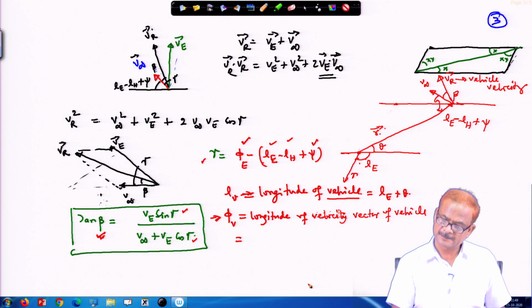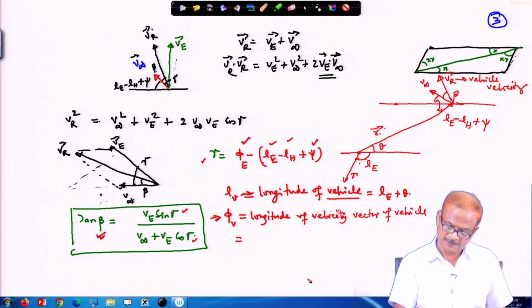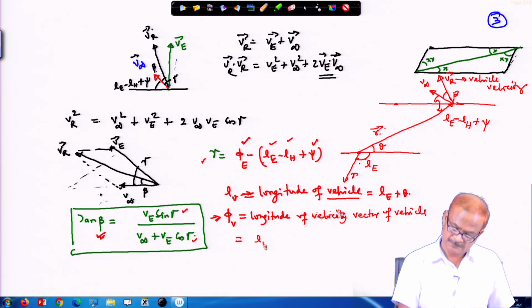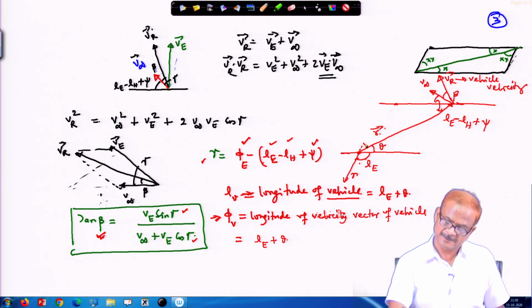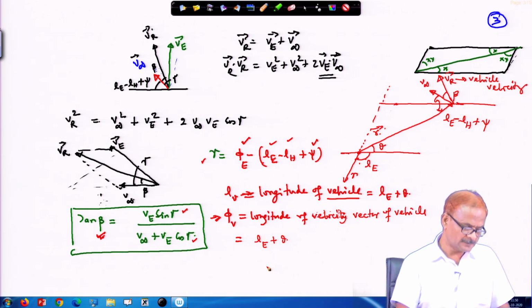So now we can write that angle. So, longitude of this will be L e plus theta, with respect to this line we will write the longitude. So, with respect to this, how much angle is this going to make.